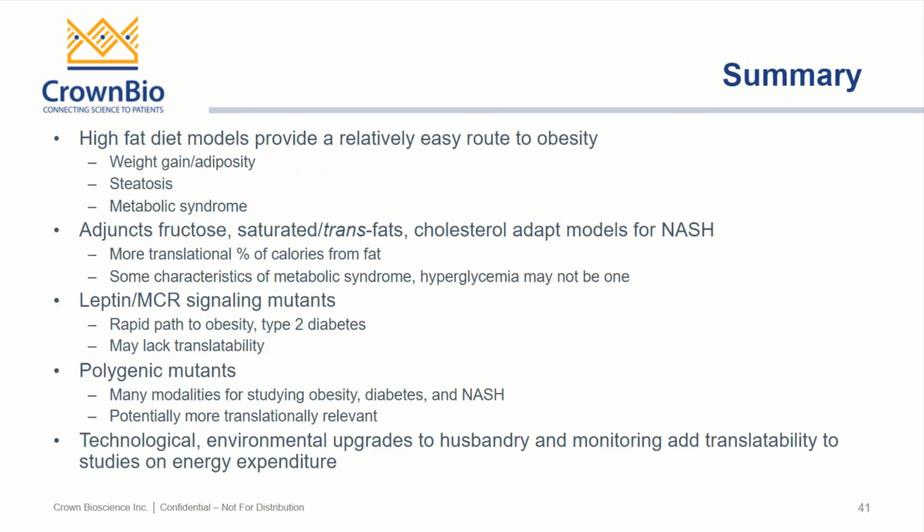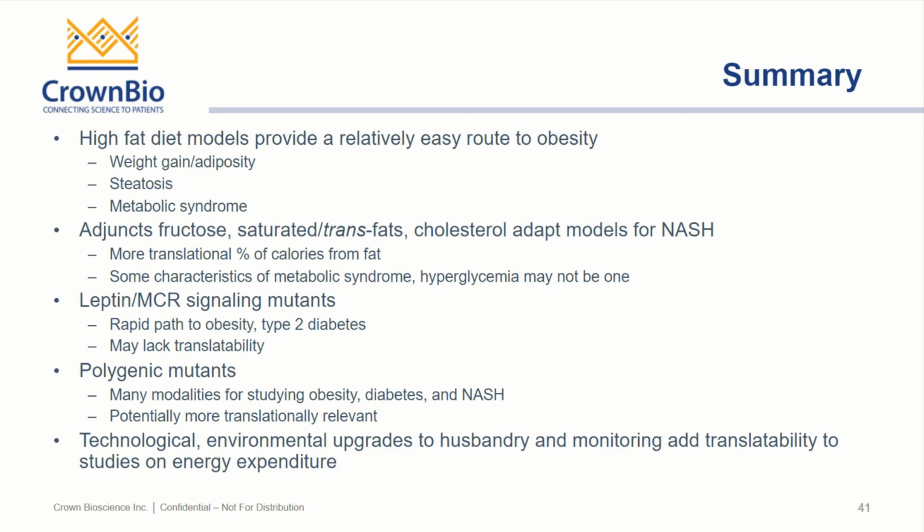To summarize, high-fat diets provide a relatively easy route to model obesity. They offer weight gain and adiposity, steatosis, and metabolic syndrome. Adjuncts like fructose and saturated and trans fats, as well as cholesterol, can adapt models for NASH. These also provide a more translational percentage of calories from fat and generate some characteristics of metabolic syndrome, although crucially, they usually lack hyperglycemia.